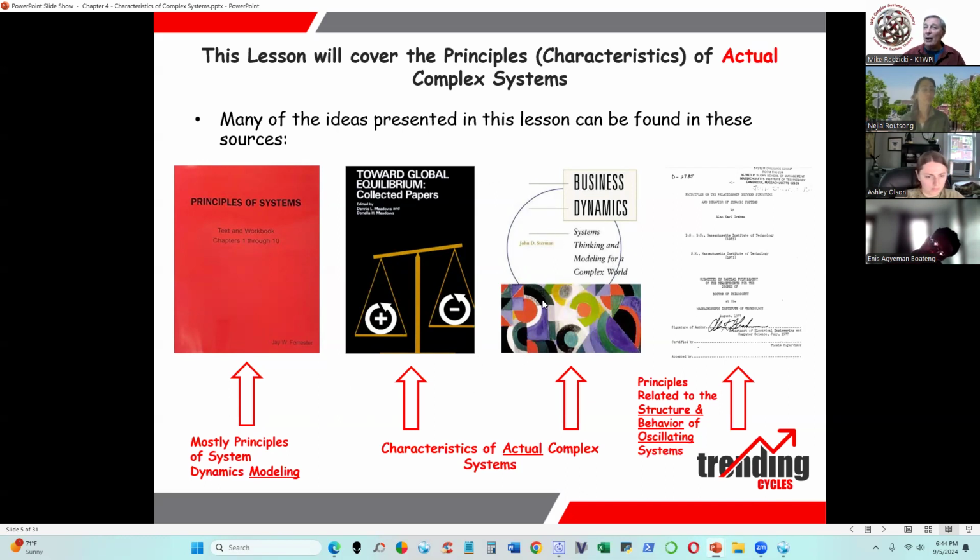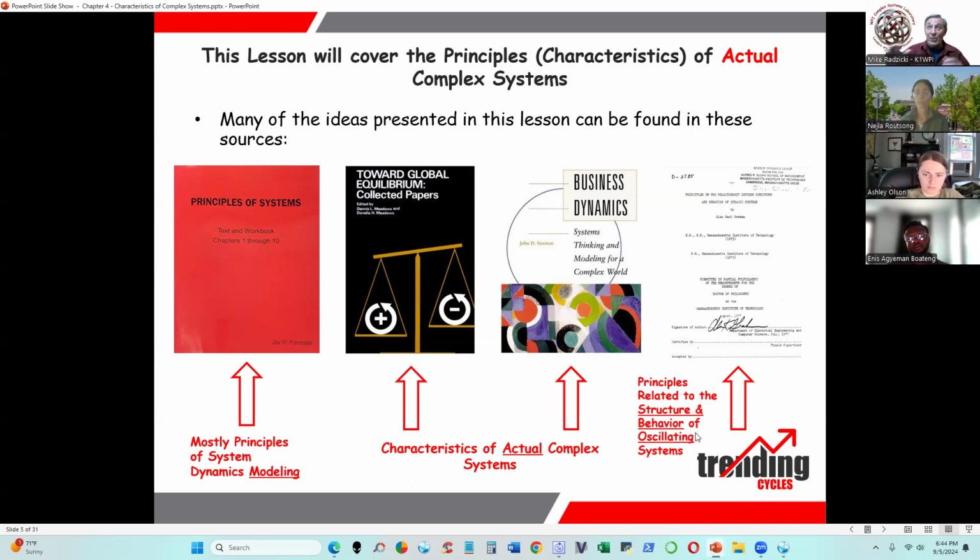They talk about the characteristics or the principles of actual systems. Okay, and then over here, Alan Graham's, it's hard to read his signature, but he's a famous SD guy. He wrote a doctoral dissertation where he looked at principles related to the structure and behavior of oscillating systems.